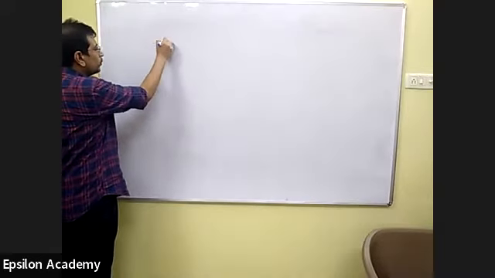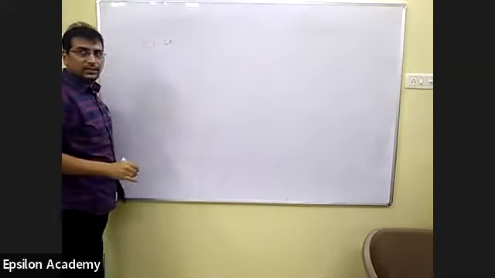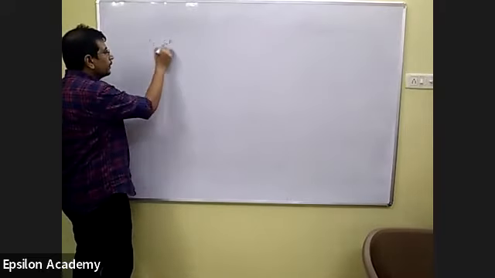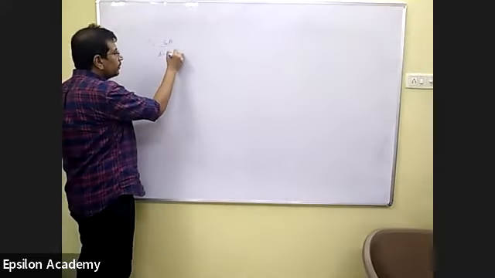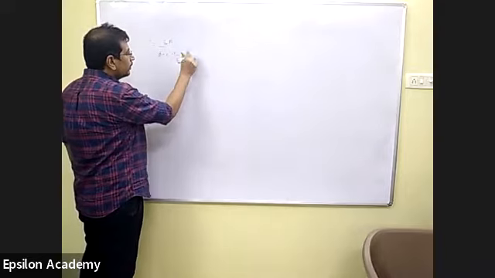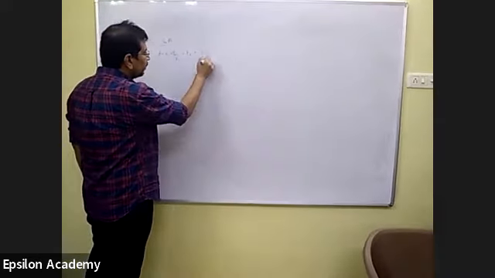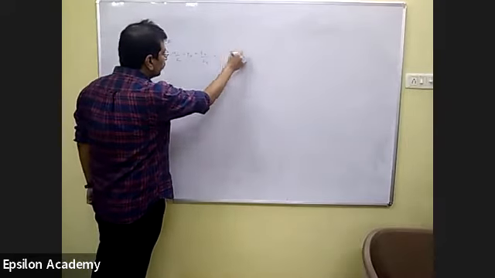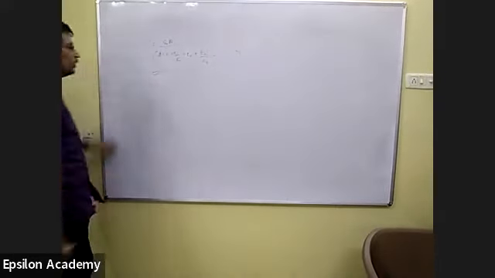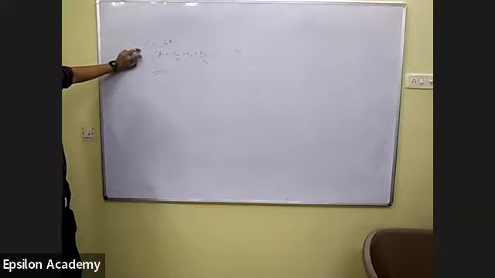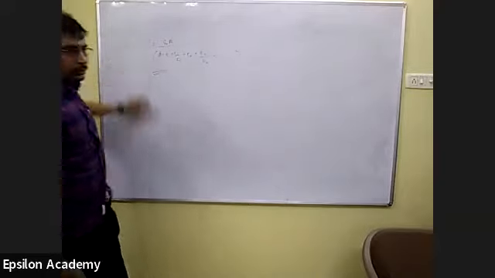You get C dash is equal to epsilon naught A by (d minus t1 plus t1 by K1 minus t2 plus t2 by K2, and so on). Remember this? So this is the value of the new capacitance that we get formed.